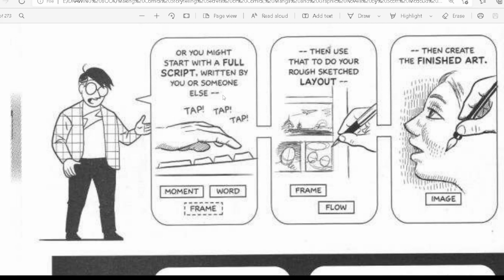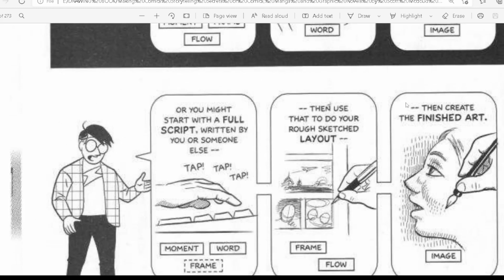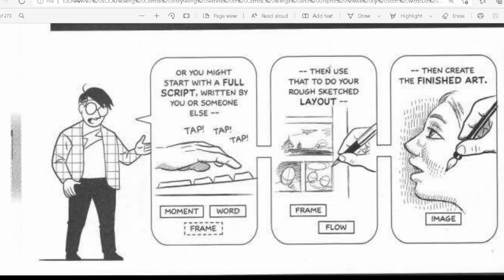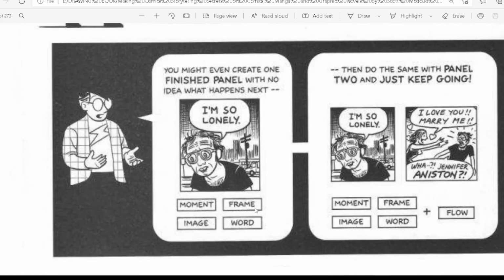Even if you want to make animation or any videos, if you have a script, that is the first stage that you have to cross. Then you can start to make the rough sketches and draw on the page. At the third stage, at the end, there is only one thing you should do: finishing. So you can do that.